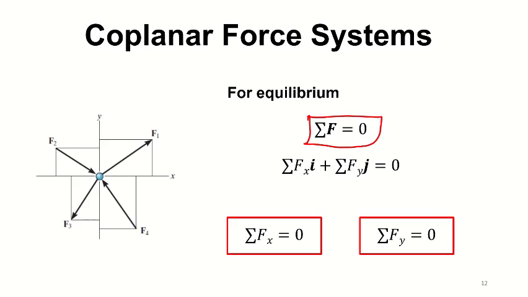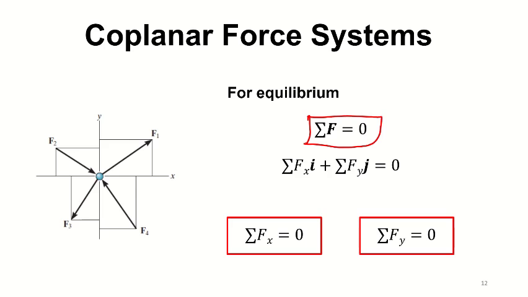This is that equation: vector summation of all the forces. F is a vector, so the vector summation of all the forces on that particle should be equal to 0.